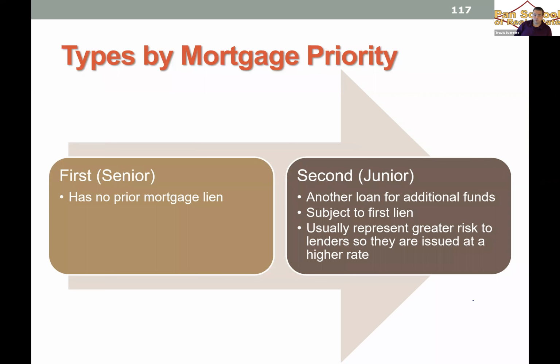That's all we mean when we say mortgage priority. Mortgage priority just means that the ones that are recorded first get paid first. And that also means that if you're in second place or third place, you're at a higher risk of not getting your money. It's always worse to be further back in line than it is to be in the front of the line when it comes to this stuff.